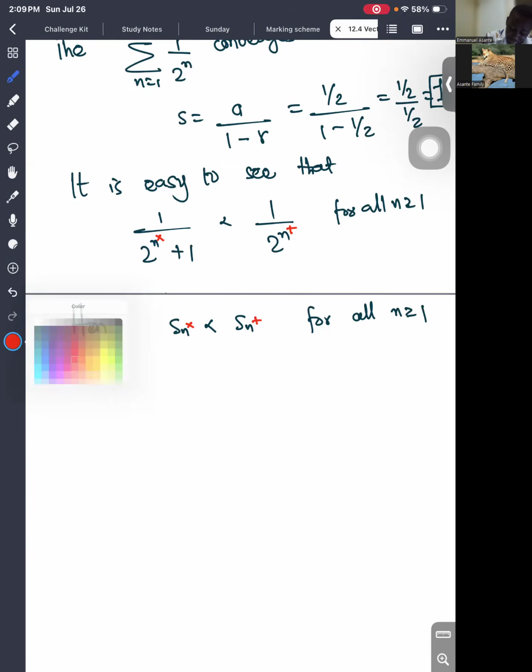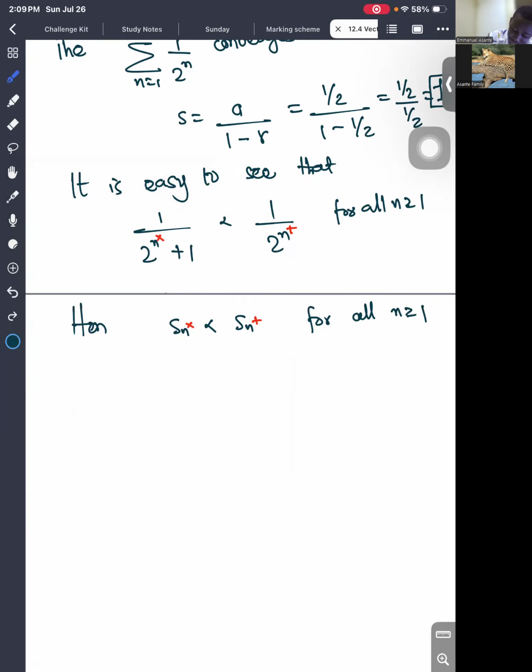Remember that whether a series converges or diverges depends on the sequence of partial sums. Here we just showed that this particular series converges.